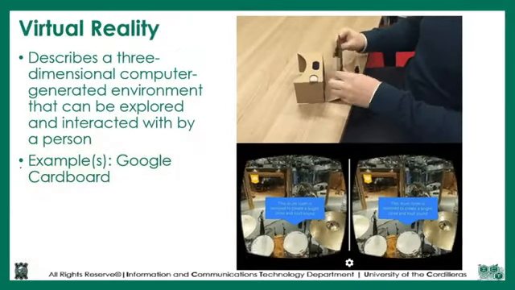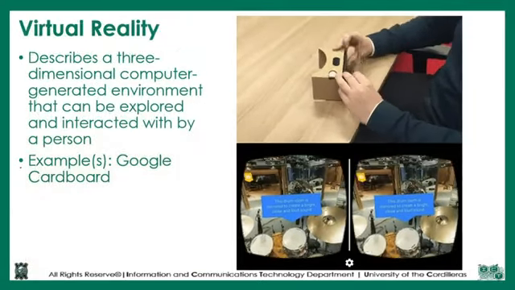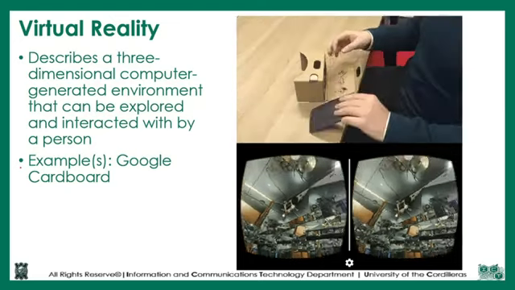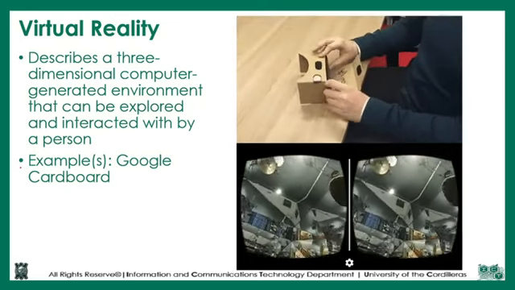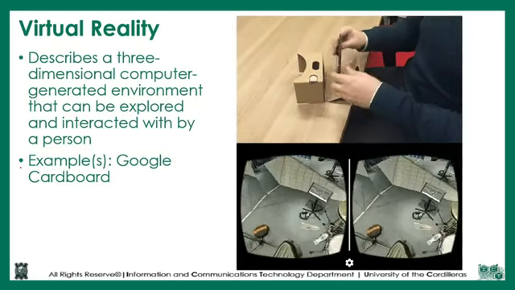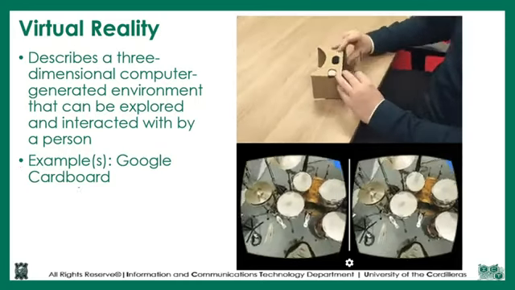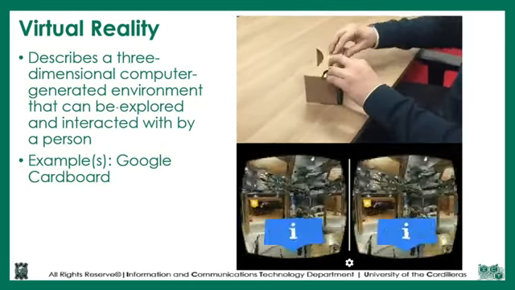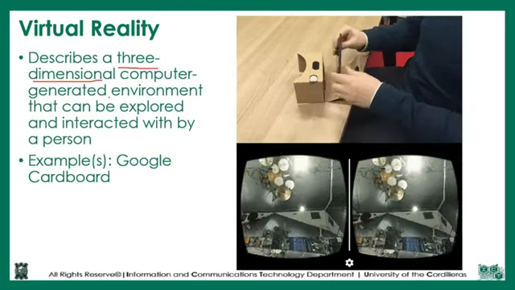We also have virtual reality. So here, this is creating a 3D or three-dimensional space that is completely computer generated. Again, the idea of virtual reality is that the entire environment is 3D. So three-dimensional, let's highlight that, and it's an environment.